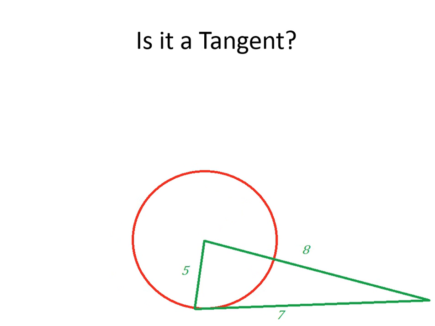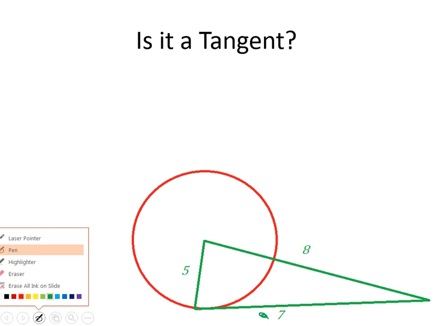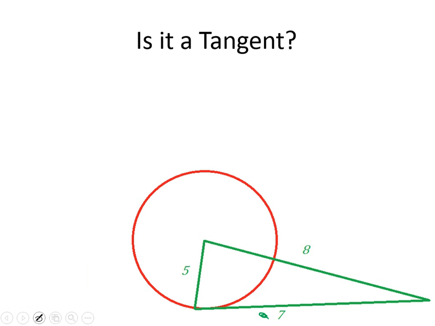So if we look at this one, we're asked, is this a tangent? Yes or no? If the green line down here with this 7 is a tangent, it must create a 90-degree angle where the radius and the line meet.